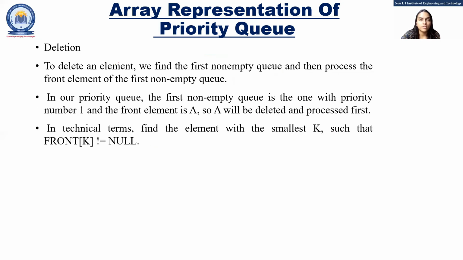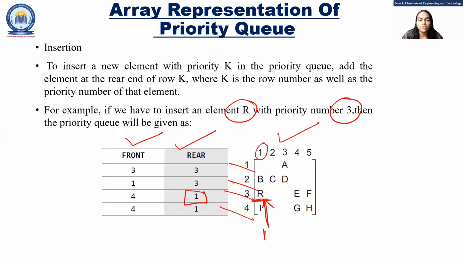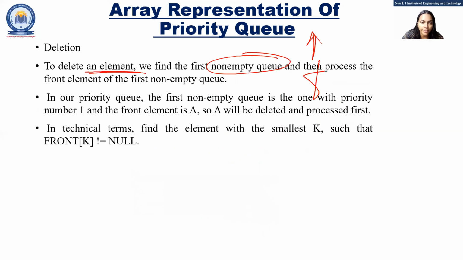Students, let us look at the deletion procedure. In order to delete an element, we require a non-empty queue, and then in that non-empty queue, what is the front pointer pointing to? Now we have arranged this in such a way that priorities are already assigned. So whatever is there in the first priority will be the one which is getting deleted because 1 has the highest priority, right?